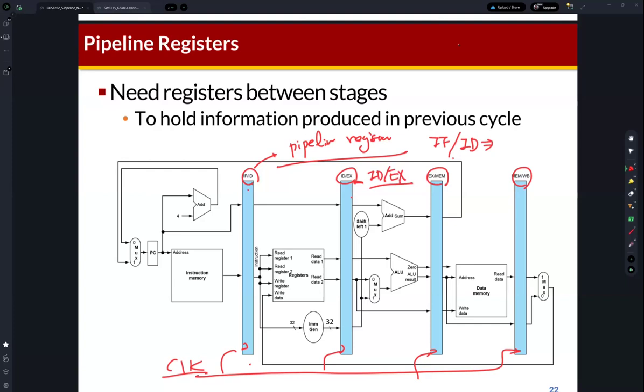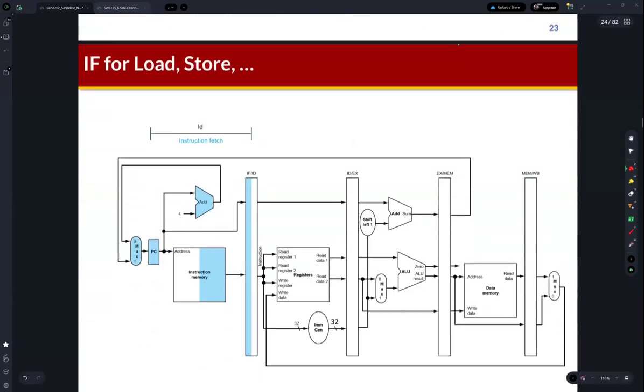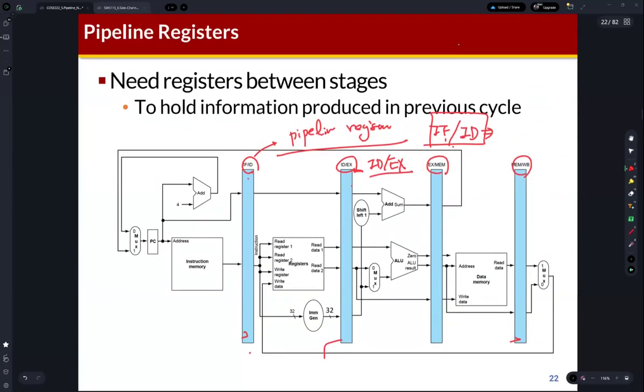So this represents the pipeline register between the ID and EX stages. If I use the pipeline registers like this, then you can figure out the location of the pipeline registers in this pipeline architecture. So the first step is to insert the D flip-flops in the critical path of the combinational logic part.